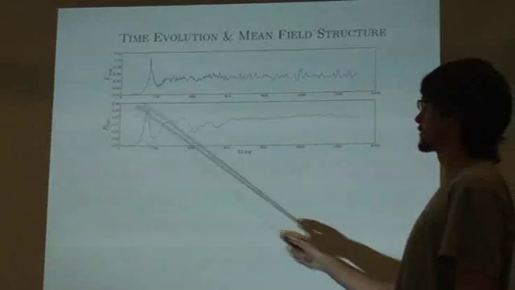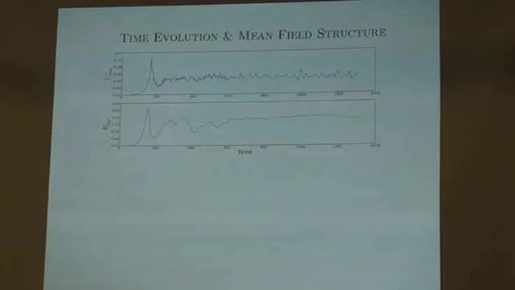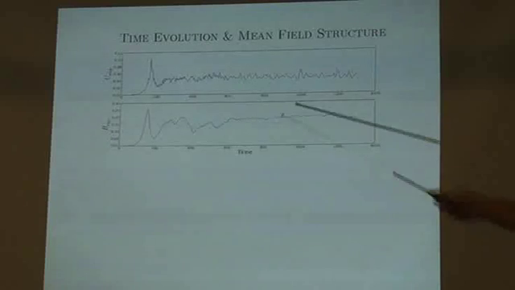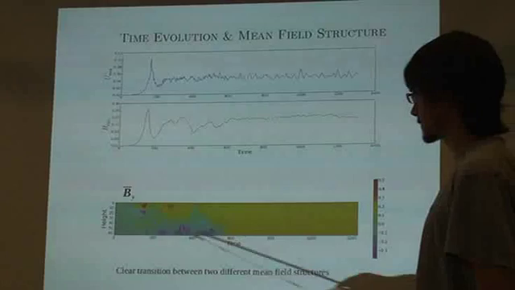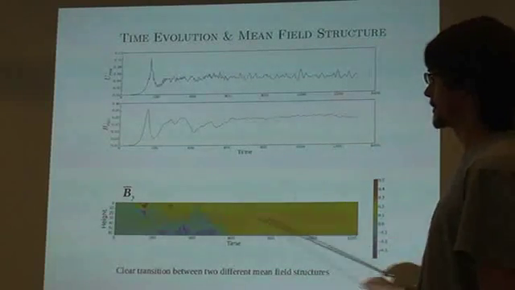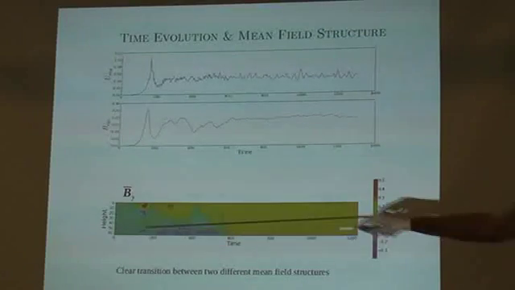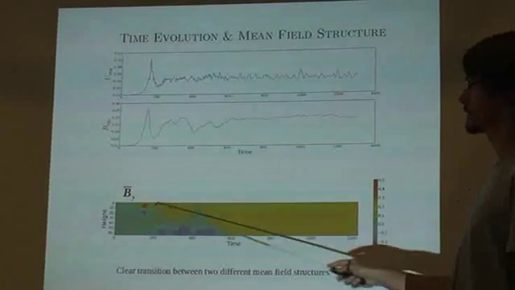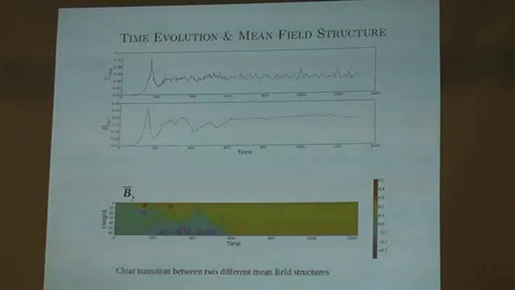What we see with the magnetic field is that there is a quite long transition period, and if we look at the mean field during this period, there are actually two different phases with two different mean field structures. This is the y component of the mean field, depending on the height. The color shows the strength, and we see the evolution in time.